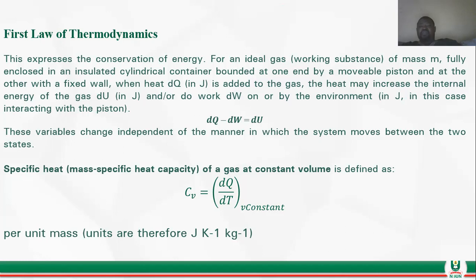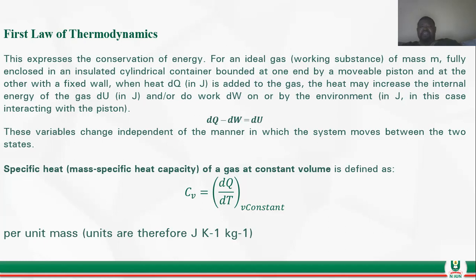When heat, dQ in joules, is added to the gas, the heat may increase the internal energy of the gas, dU, also in joules, and do work, dW, on or by the environment in joules, in this case interacting with the piston.